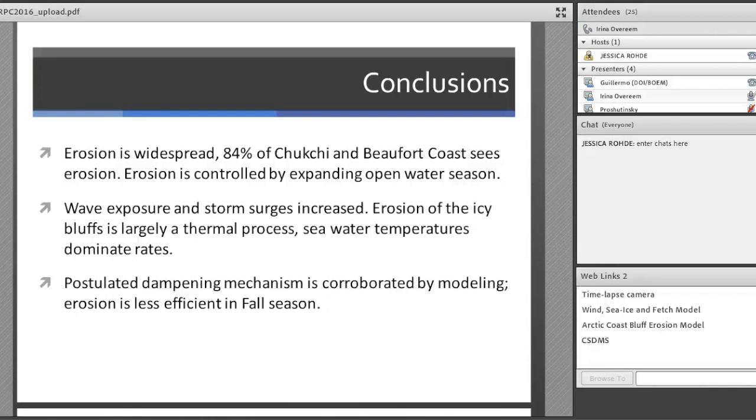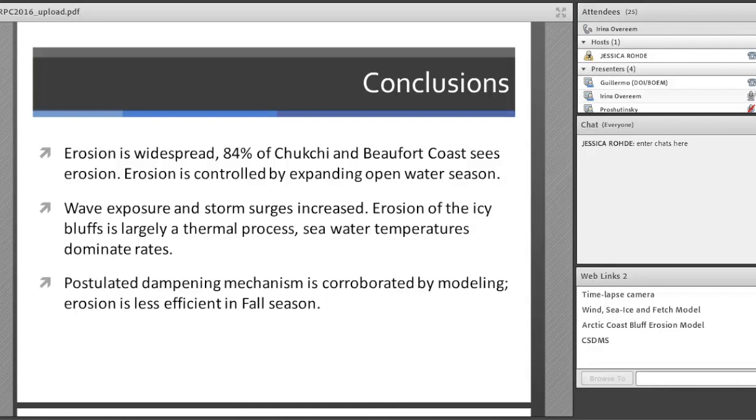Over all these areas, wave exposure and storm surges have increased. But since we're finding that erosion of the icy bluffs is a thermal process, seawater temperature dominates the rates as well. And so far we still stick to our hypothesis that there is a dampening mechanism for these bluff coasts where it's melt dominated.